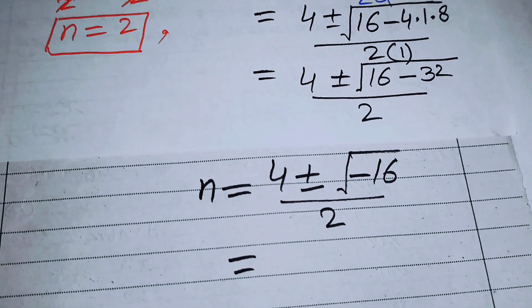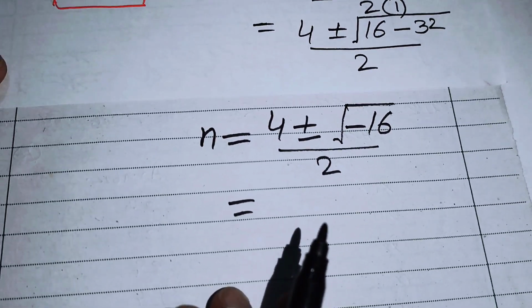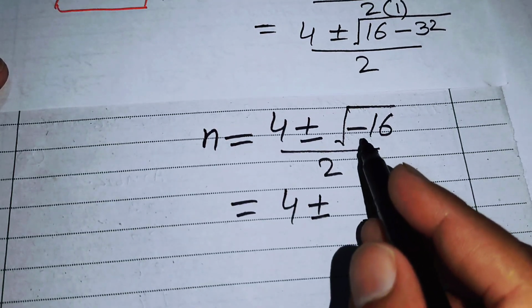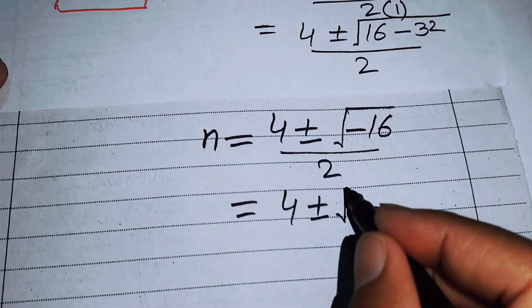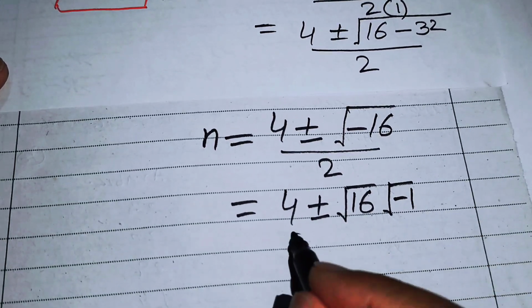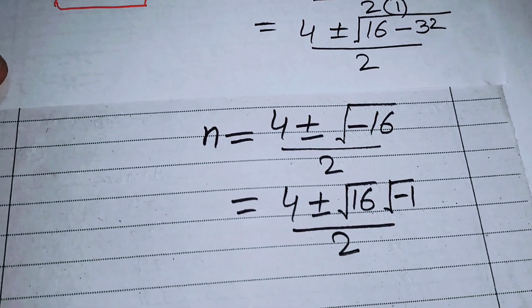And now we can again simplify these terms, and you will get 4 plus minus, here we can separate the square root, and you will write the square root of 16 into square root of minus 1, and this whole over 2.